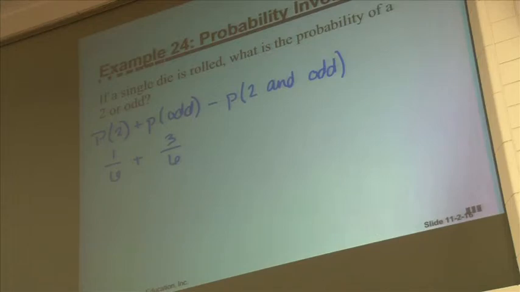It's just an even number, so that can't happen. So these 2 events are what we would call mutually exclusive. They have nothing in common with each other. 2 is not an odd number. Right? Put it together, we get a probability of 4 out of 6, which will reduce to be 2 out of 3.